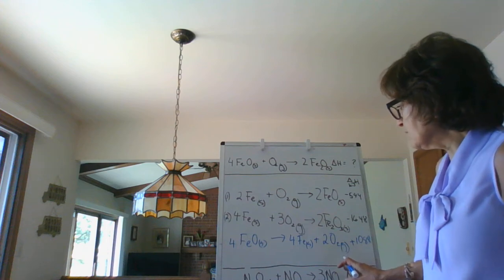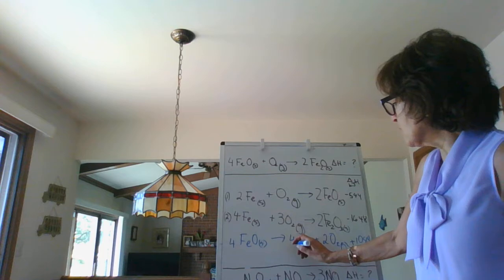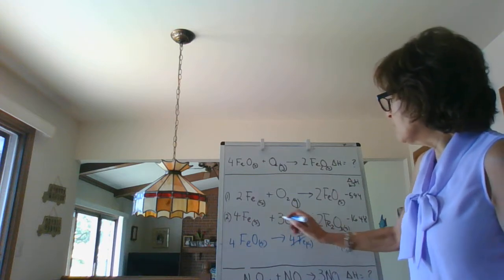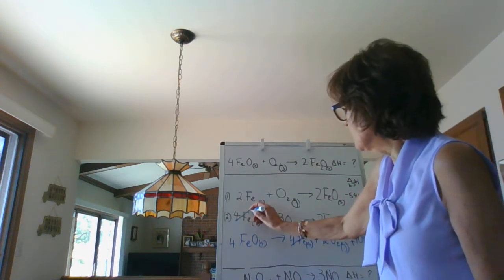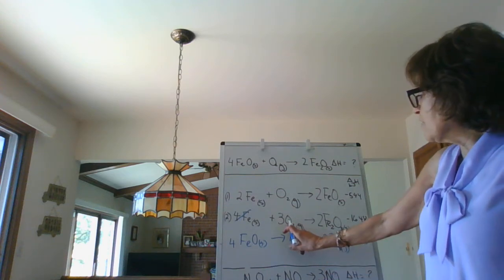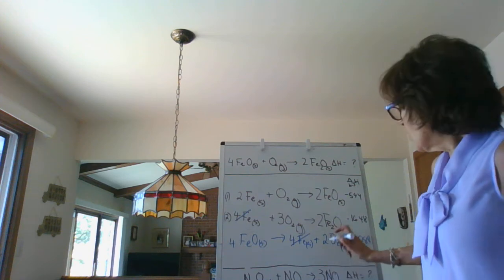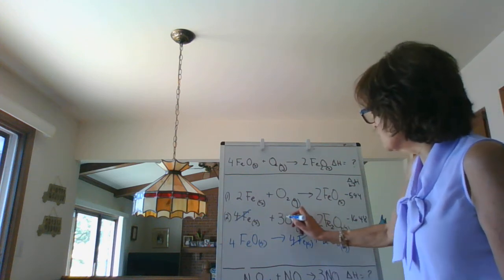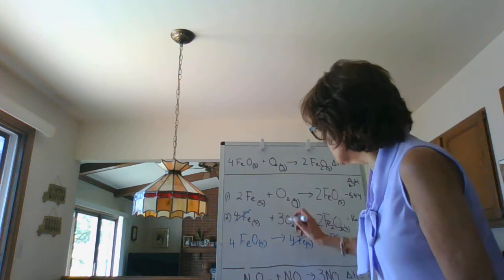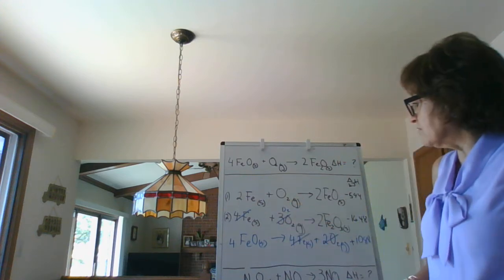Well, you have 4 irons on the right. You have 4 irons on the left. You can cancel them out. Just get rid of them. Okay? You have 3 oxygens on the left and 2 oxygens on the right. So let's cancel out the 2 oxygens with 2 of these oxygens. So how many do you have left? You just end up having 1 oxygen left.